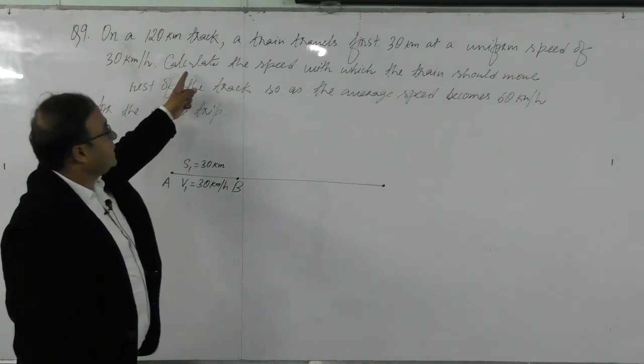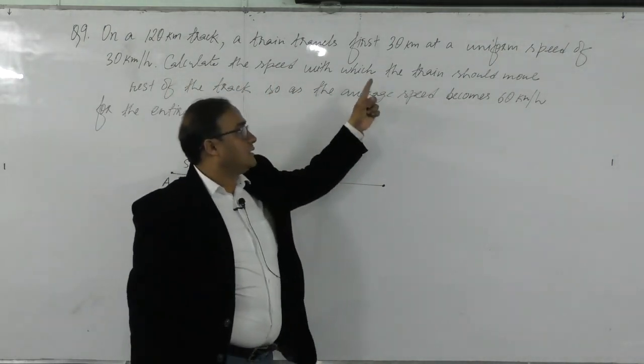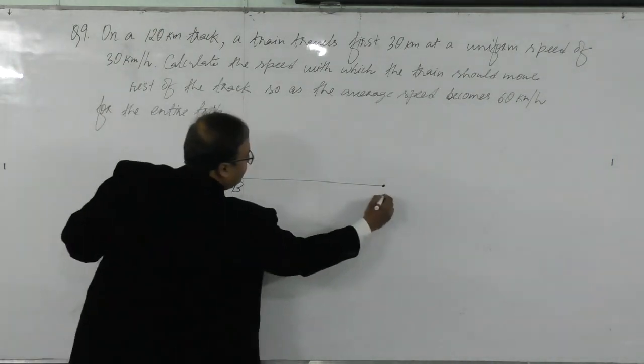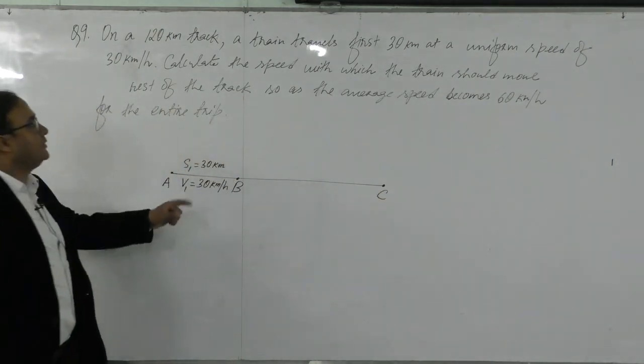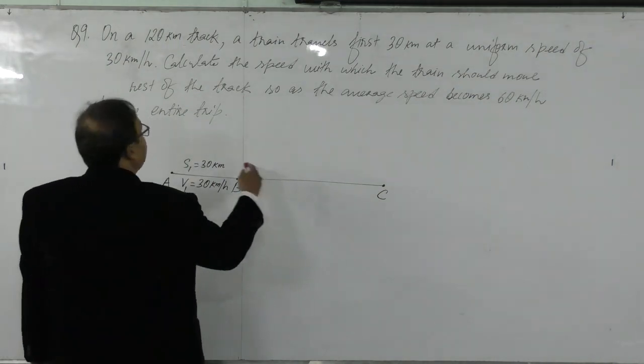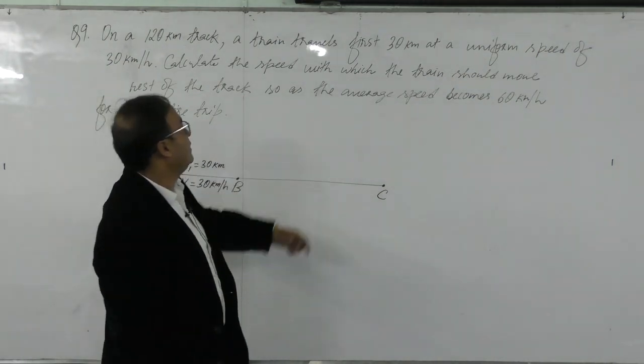The question is, calculate the speed with which the train should move rest of the track. So B to C, we can consider the rest of the track, and the average speed should become 60 kilometer per hour.